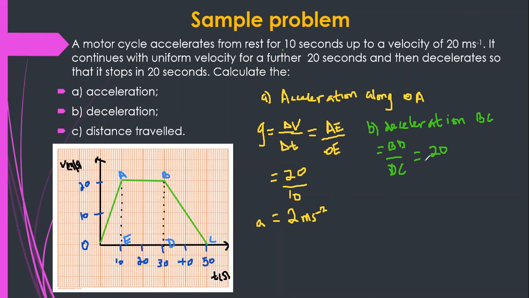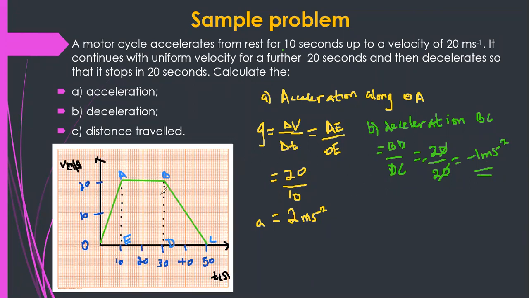The difference should have minus 20. Then this cancels this out. We have minus 1 meter per second squared. So this is the deceleration. This is how to calculate the deceleration.